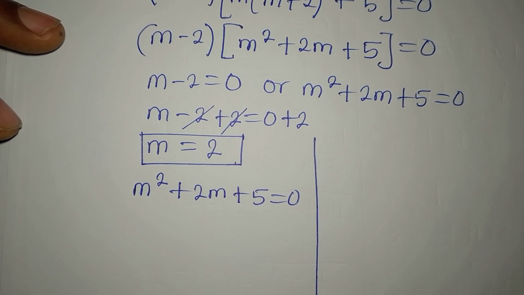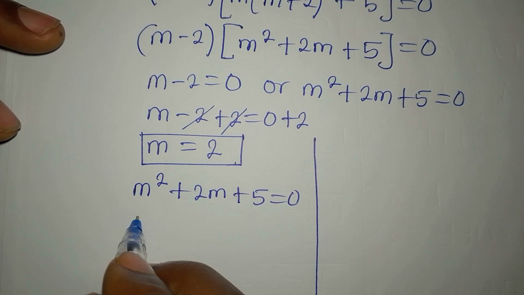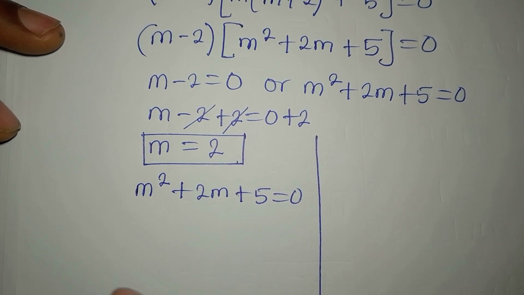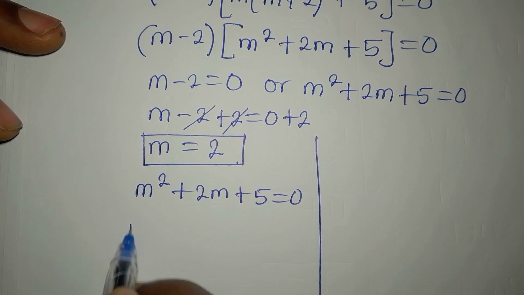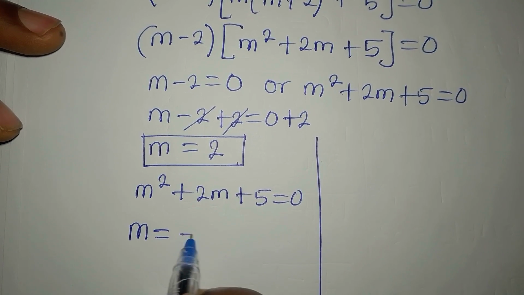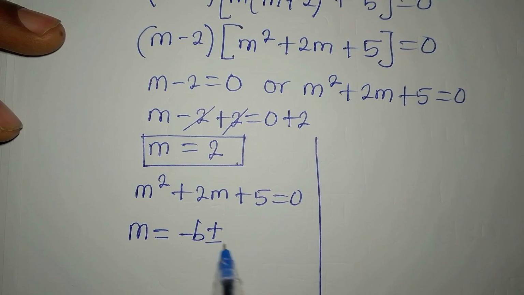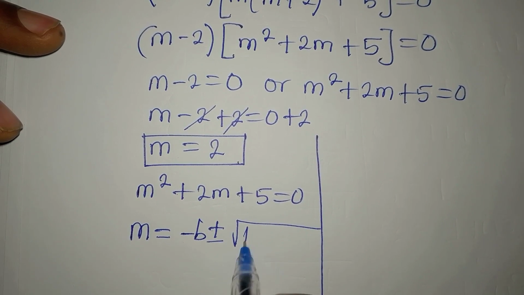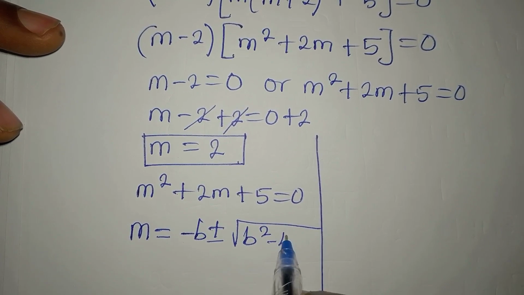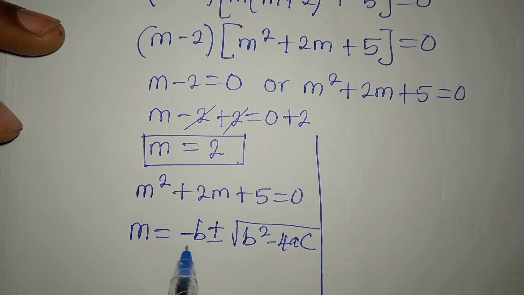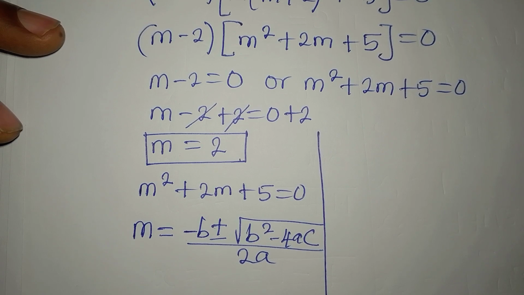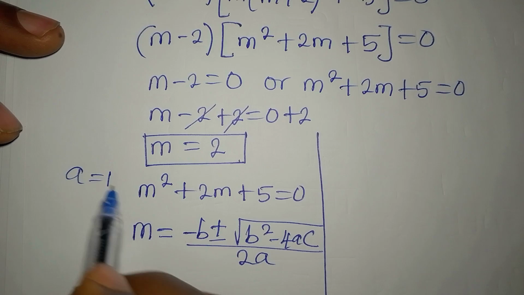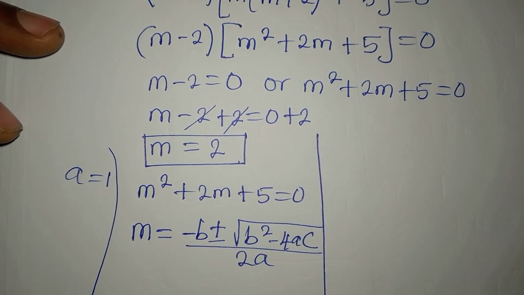Now what I want to do is to get the formula, the quadratic formula. Now that we are looking for m in the equation, then m should be the subject. We have minus b plus or minus square root of b squared minus 4ac all over 2 times a. Now the next thing is to get our a, b, c. A is 1, the coefficient of m squared, right?